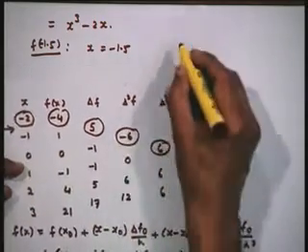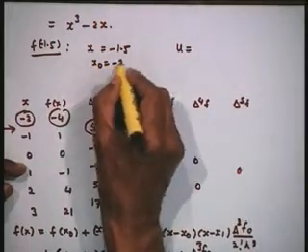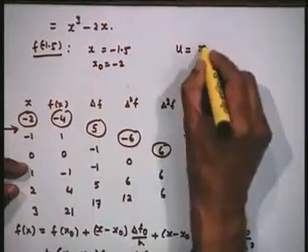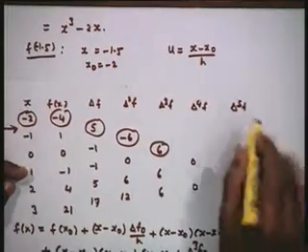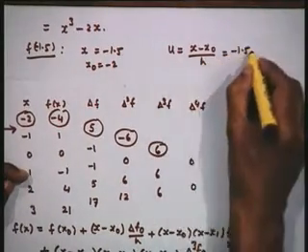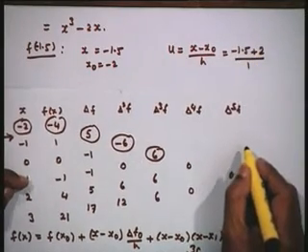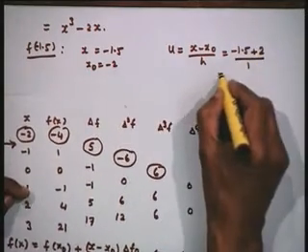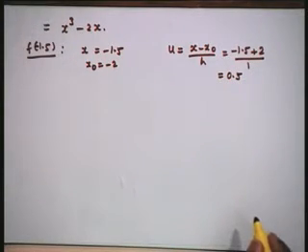Therefore, I would write u is equal to, taking x naught as minus 2, u is x minus x naught by h. x is minus 1.5, x naught is minus 2, therefore, plus 2 divided by 1. Therefore, this is equal to 0.5.